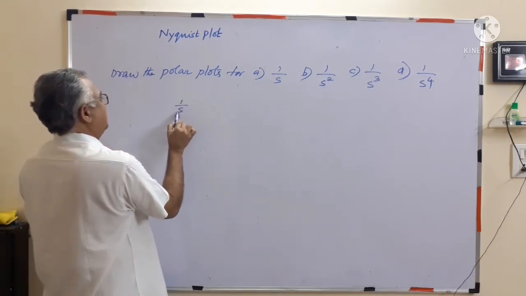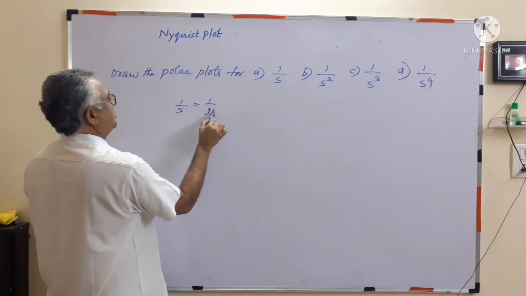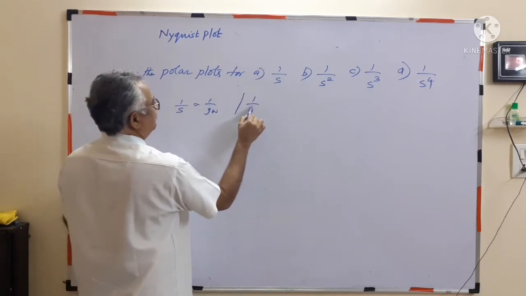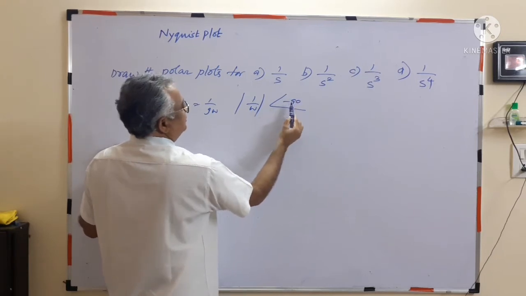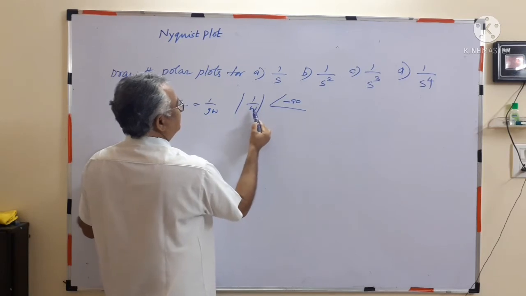So if it is 1 by j omega, what is the magnitude? 1 by omega. What is the angle? Minus 90. There is no omega term. Always angle is minus 90.